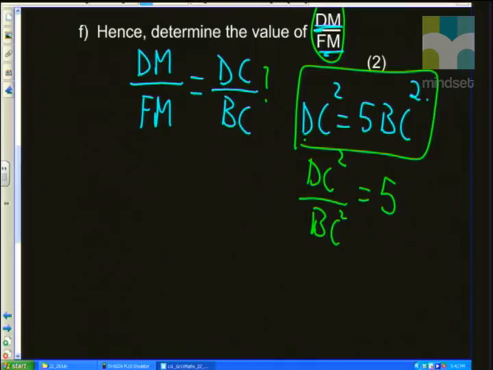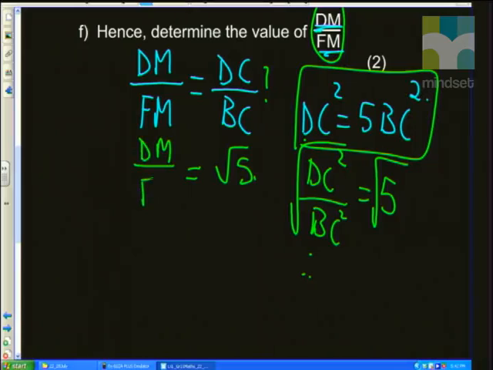Now I want to make DC divided by BC the subject, so I'm going to square root on both sides, so it will be plus or minus square root of 5, but the distance cannot be negative, so therefore DC divided by BC will be equals to the square root of 5. So DM divided by FM is equals to the square root of 5.